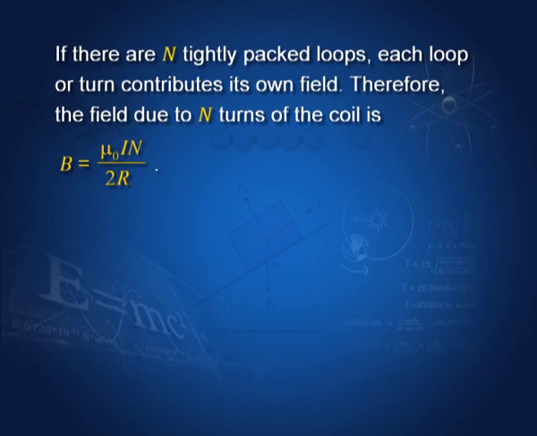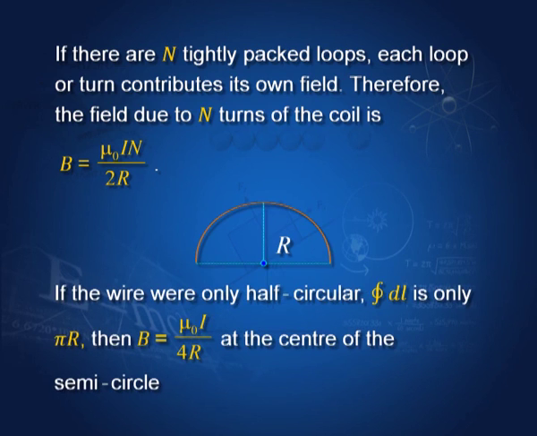If there are n tightly packed loops, each loop or turn contributes its own field. Therefore, the field due to n turns of the coil is mu 0 I n by 2 r. Mu 0 I multiplied by the number of turns, therefore, mu 0 I n by 2 r. Now, if the wire is only half circular, then the integral over d l would be simply pi r. So, you will get the result.